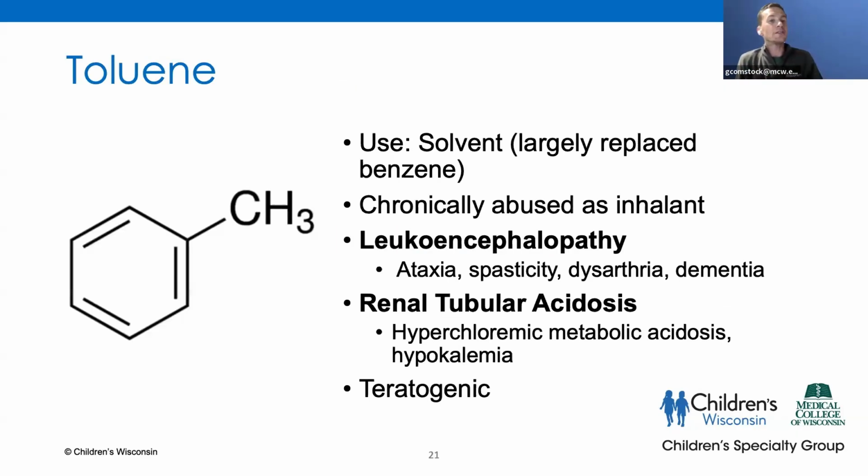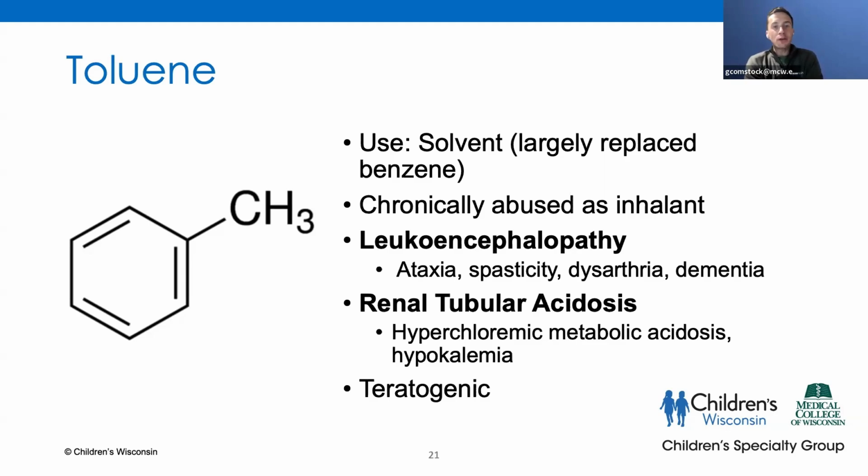First one we'll talk about is toluene. It has largely replaced benzene as a solvent. It unfortunately is chronically abused as an inhalant. There are a couple of really classic manifestations from chronic use of toluene as an inhalant. The first is leukoencephalopathy.